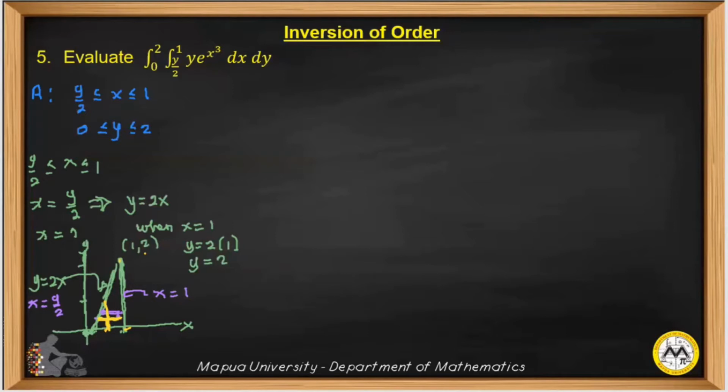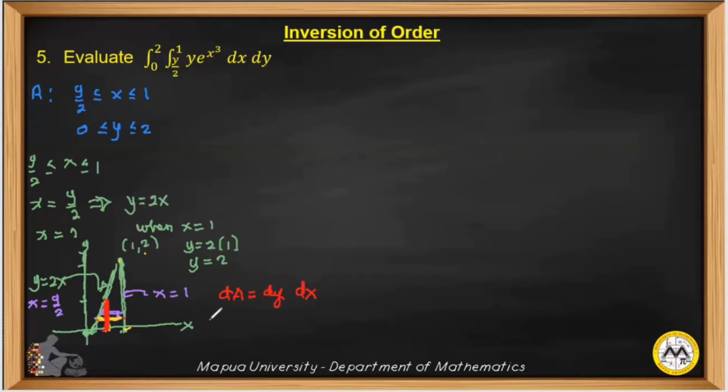And if we change the order, we can take the differential of a as dy dx. So we are going to do the vertical integration first, from lower to upper, then horizontal.